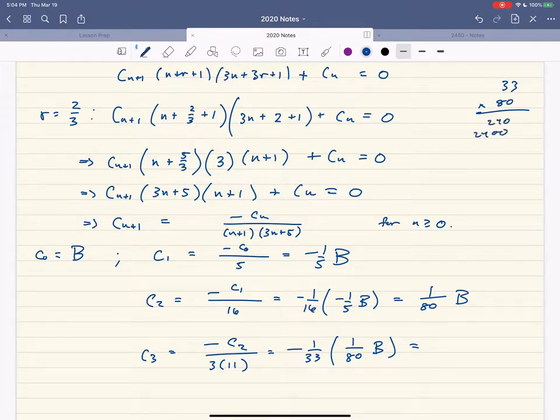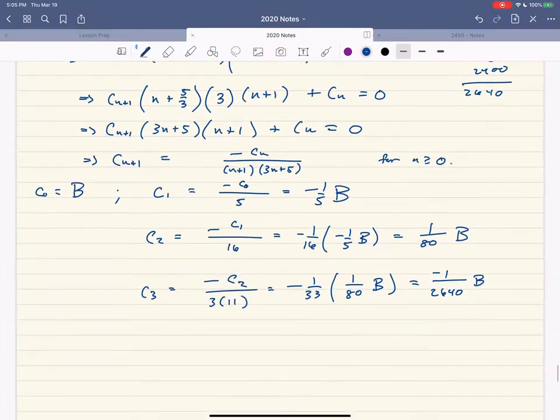I guess technically I'm doing 80 times 33. But this is 240 plus 2400, so that'll be 2640. And that's negative 1 over 2640b. Okay, I'm not going to do c4. You can do that on your own if you want.